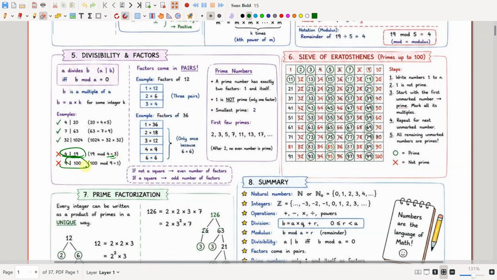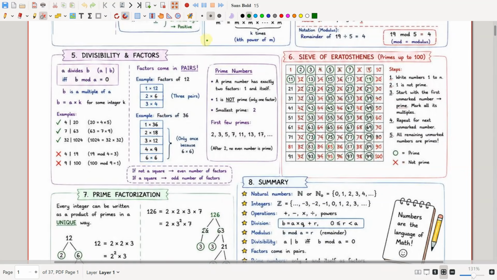And 9 divides 100 is not true because the modulus value is not equal to 0. Always the factors come in pairs. So if you are asked to find the factors of 12, it will be 1 into 12.